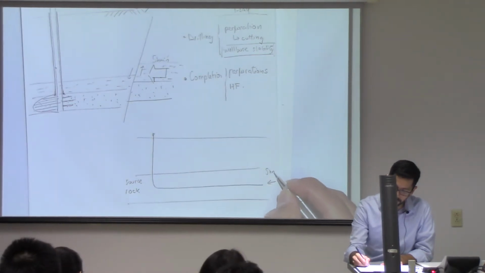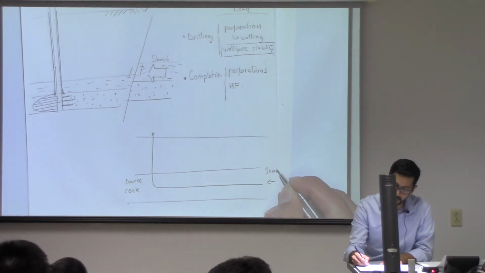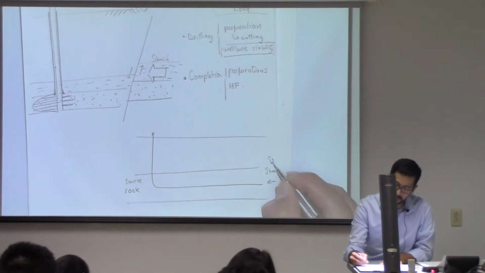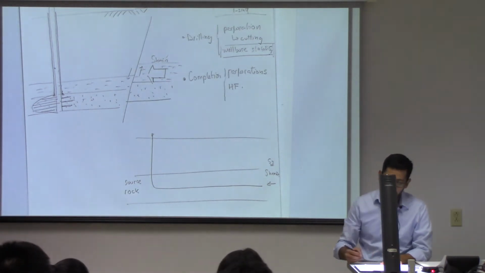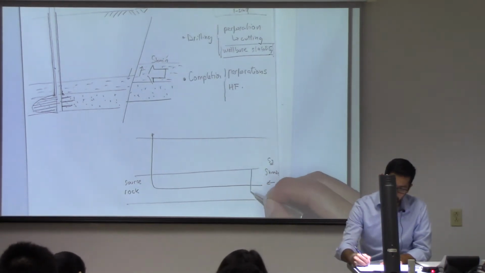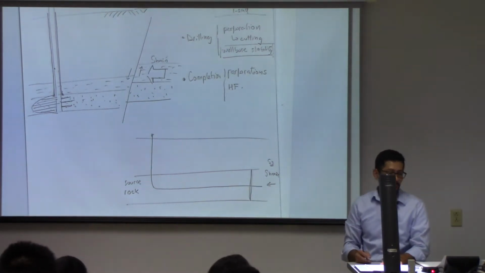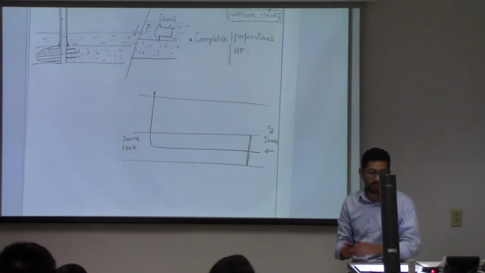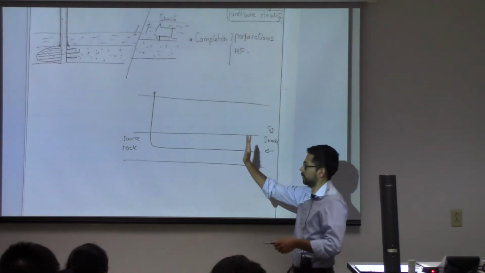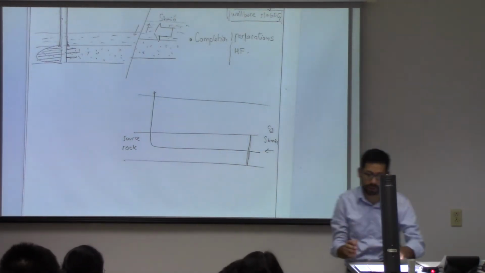Those fractures, in order to maximize the surface area, should go perpendicular to the minimum principal stress. And let's say that you start a fracture over here, and we're going to assume that this is more or less a vertical plane. So this vertical plane is a fracture like this, and we're going to assume it's not growing into the next formation.